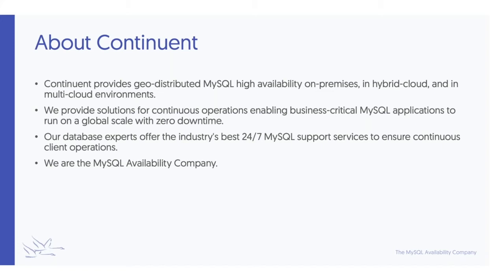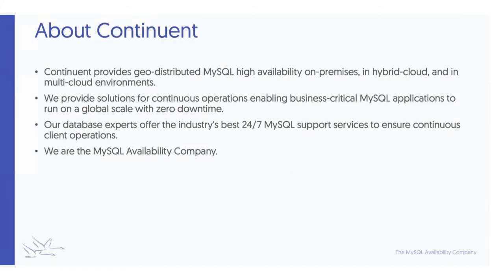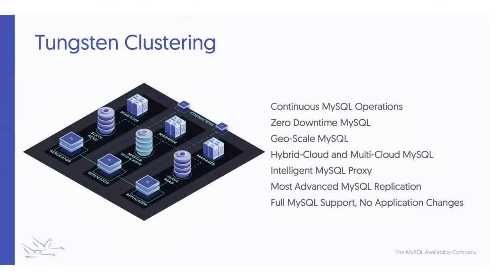So let's look at how we do this. At the core, we provide Tungsten clustering. And this provides all the pieces that we need to deploy a local HA cluster. We have the replication, Tungsten replicator. We have a manager, and we have the intelligent MySQL proxy that we call the connector. So when we deploy in a single region, this is a cluster that supports continuous MySQL operations.